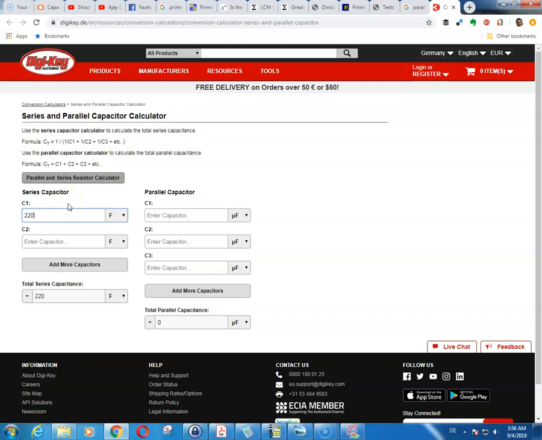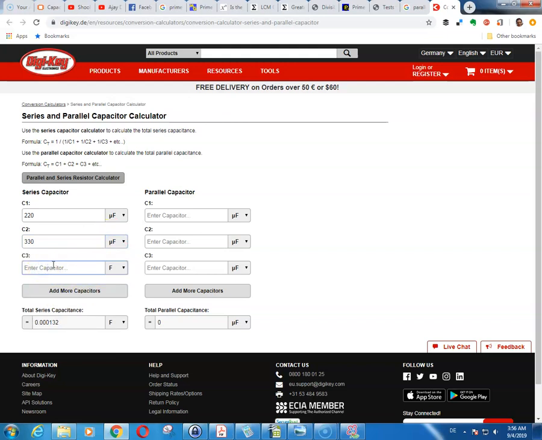So it was 220 in microfarads, then you have 330 in microfarads, and then 470 in microfarads, and you see you get over here 103.05647, and so on and so forth in microfarads, which is the value that we calculated. So that's one way that you can calculate these.